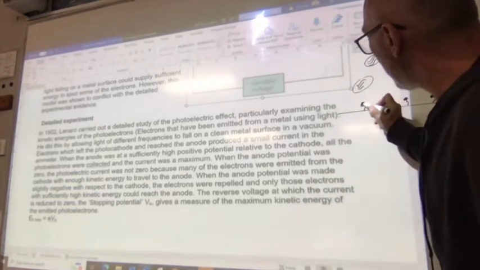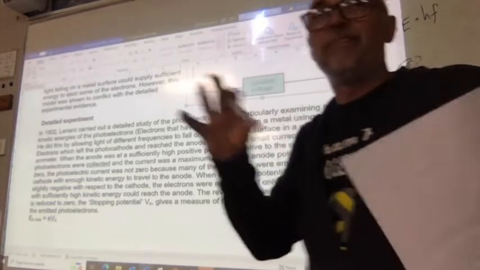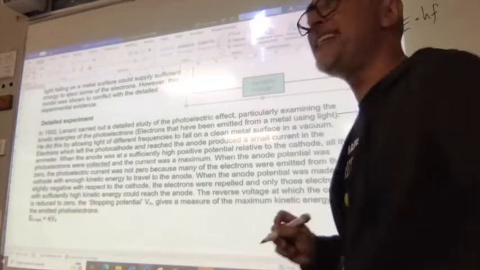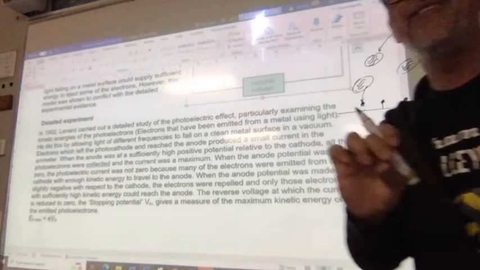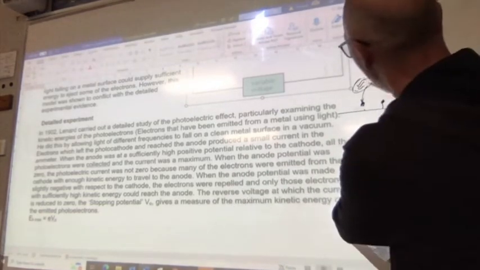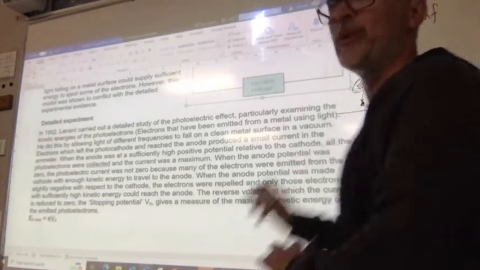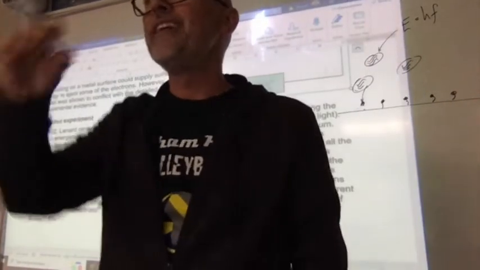That single electron must absorb that entire photon in its entirety. That energy has to be enough to break that link. If it's not enough, then it's just not enough. You can't go, I'll just hit it with this photon and another one, and no, it doesn't work that way. One photon goes into one electron. If the frequency is high enough, in other words, the energy is high enough, you'll break the bond and the electron will fly away with some kinetic energy.